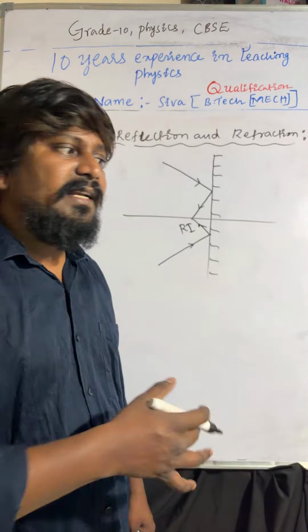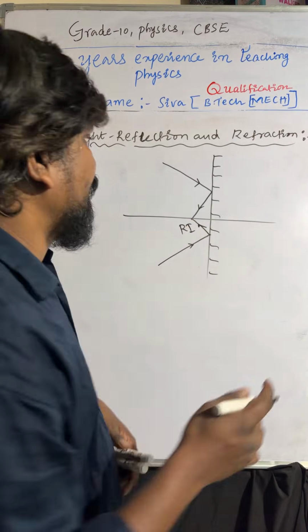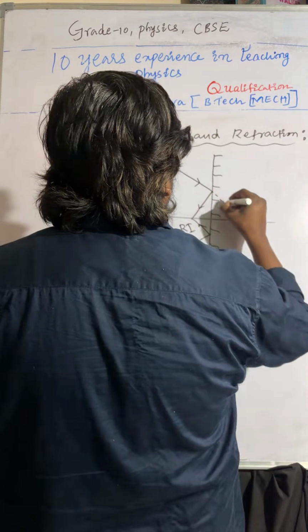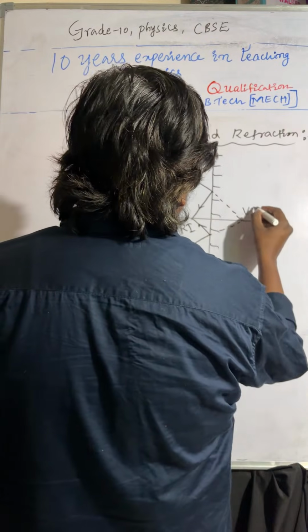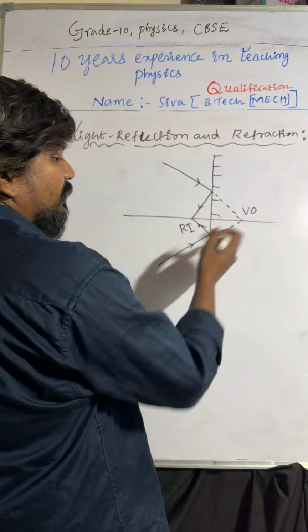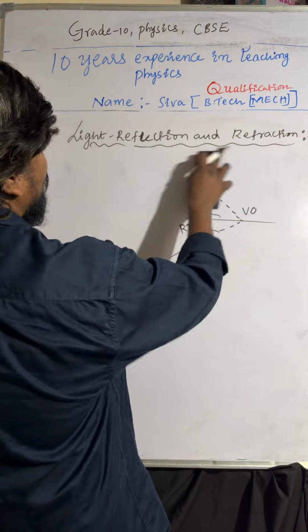The reflected light rays are meeting directly, that's why it is called a real image. If you extend these incident rays, the extended incident light rays meet at one point, that is a virtual object. Real image and virtual object, understood or not?